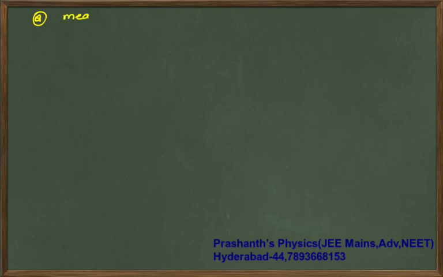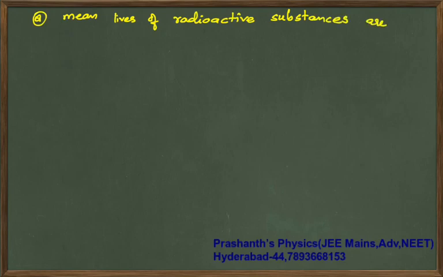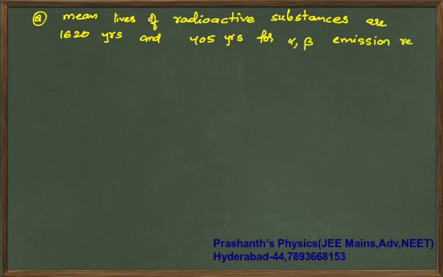So the question is like this: the mean lives of a radioactive substance are 1620 years and 405 years for alpha and beta emission respectively.